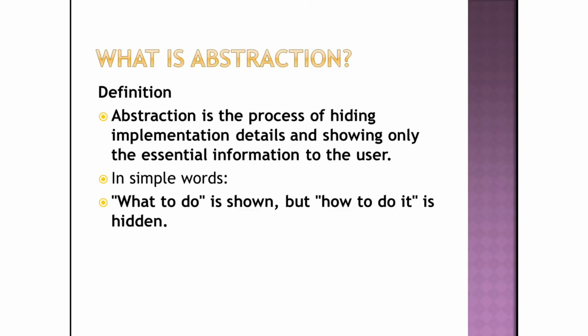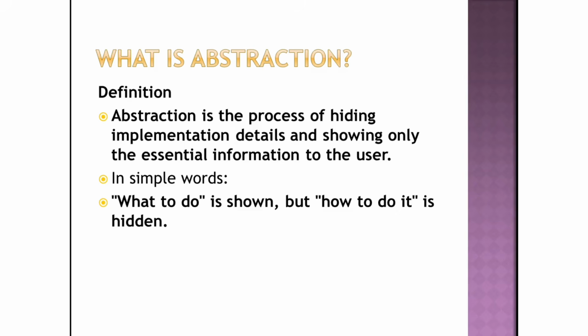We don't need to see the internal code that verifies our credentials, communicates with the database, and checks whether the user is valid. So we can remember abstraction using this simple sentence: the user gets access to the required functionality while the complicated implementation remains hidden. This makes software easier for users to understand and use.